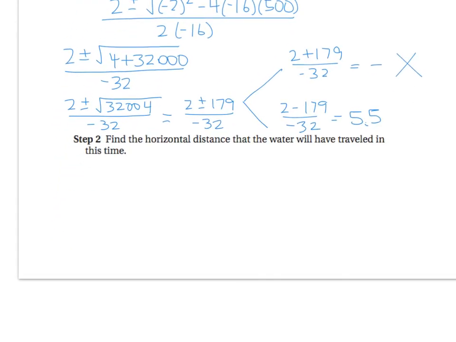So once I find that, I substitute that into my x equals 91t, and you get 500.5.